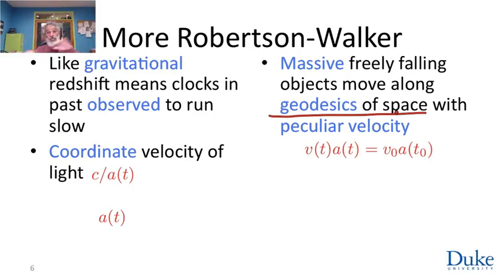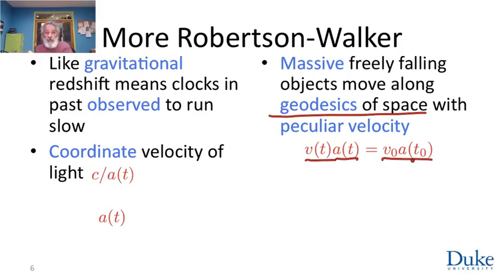An object that moves only under the generalized gravity of all of space moves with a peculiar velocity that decreases as space expands. In other words, the peculiar velocity of a galaxy we observe means that in the past it was moving twice as fast when the distances between galaxies were half what they are now. So if we observe galaxies to be moving at all, it means in the past they were moving quite a bit faster.